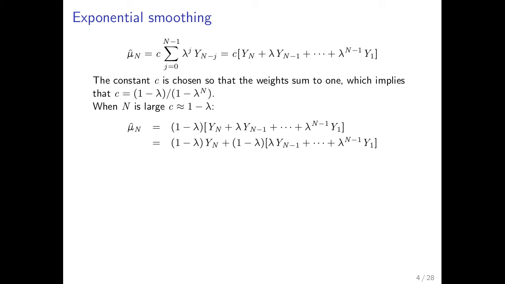So you make a weighted average, essentially, of the previous estimate and the new observation. If lambda is very close to 1, the most recent observation has a very small influence and there is a lot of weight on the past. And if lambda is very small, well, it's only the most recent observation that matters.